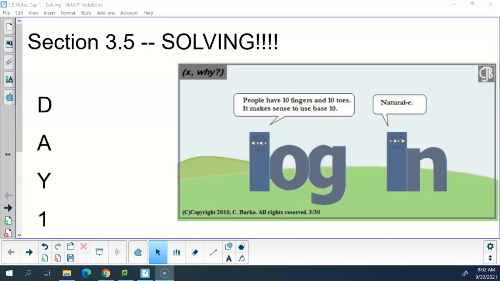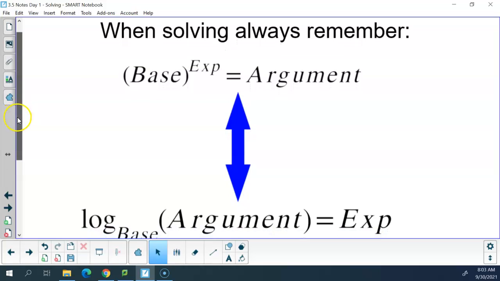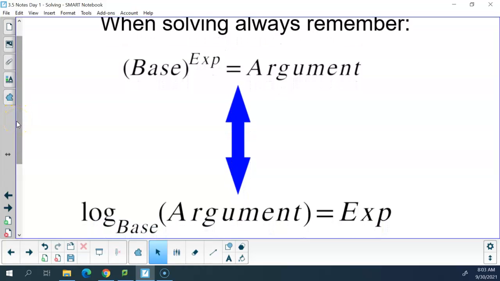Okay. So when you are solving, you always need to remember this: the top one is exponential form. You've got the base with an exponent, and that equals what we call the argument. If you're going to solve an exponential, you have to put it in logarithmic form.